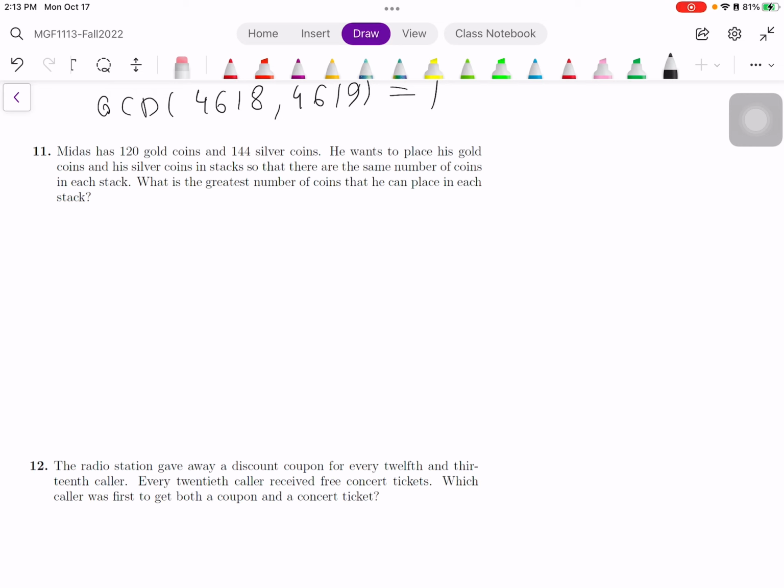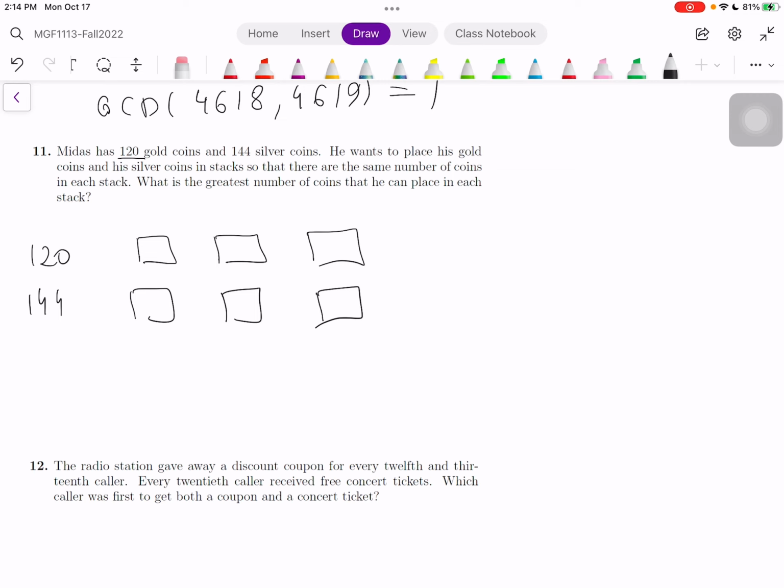So he basically tries to divide 120 into stacks of equal number, right? So that means that he's trying to find ways to divide 120, divisors for 120, right? He also wants to do the same for 144, but for 120 and 144, he wants the stacks to match, right?